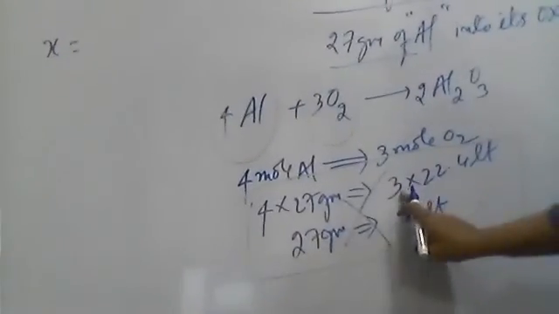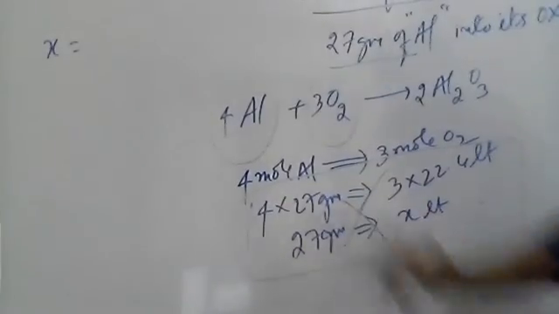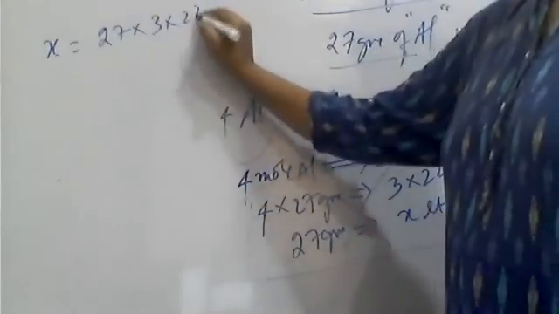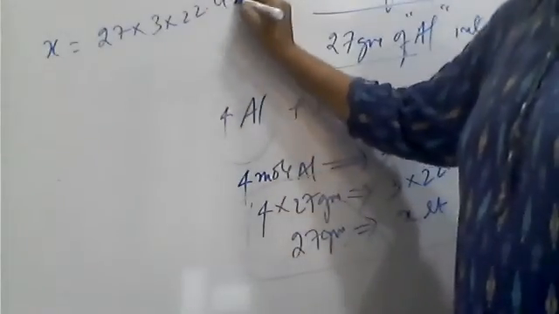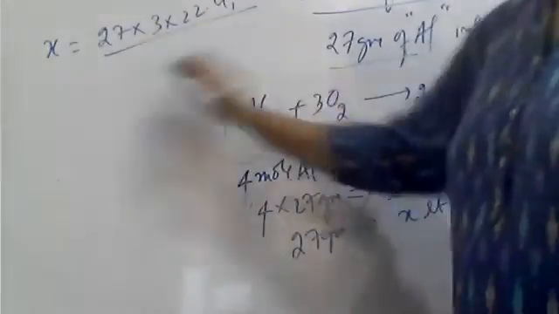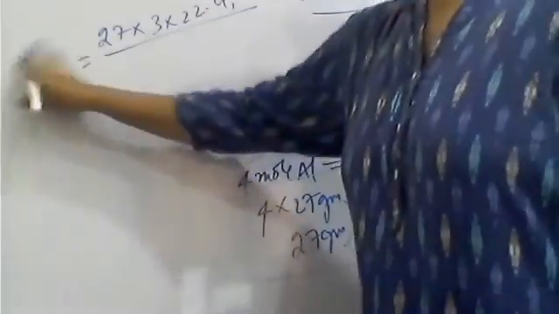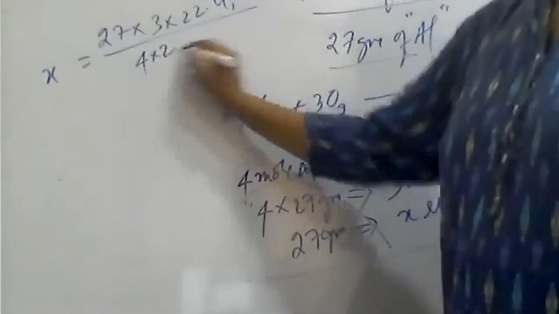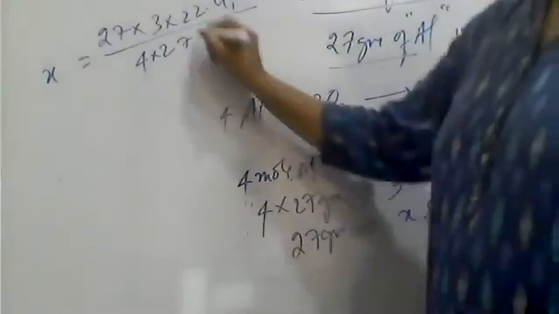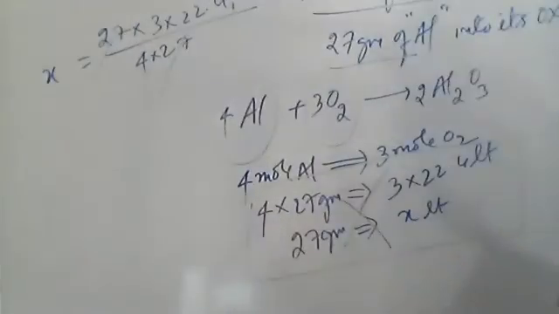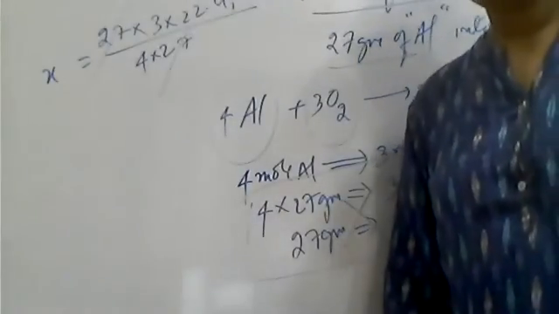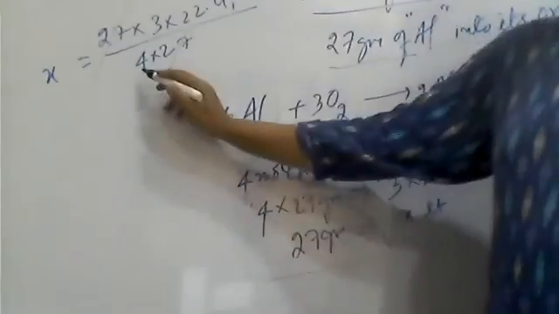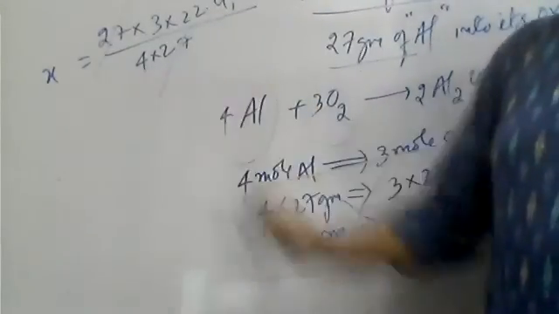See, this is crisscross, 27 into 3 into 22.4 liters, divided by 4 into 27. So cancel the 27 first. Is that done? Okay, the next 3 by 4, then 22.4 by 4.